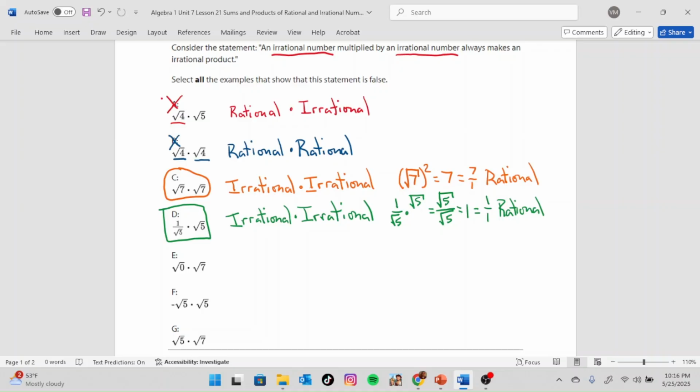So since it can be rewritten as a fraction, this is actually a rational number multiplied by an irrational number. Therefore, it doesn't prove the statement wrong because it doesn't fit what the statement is claiming.